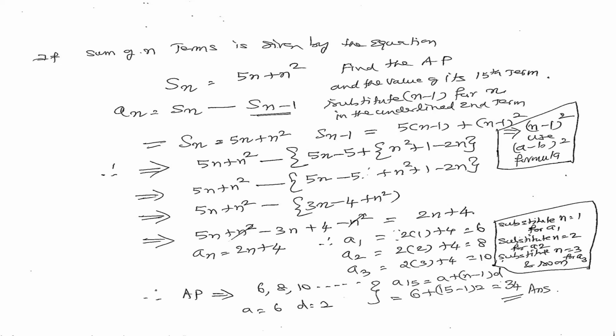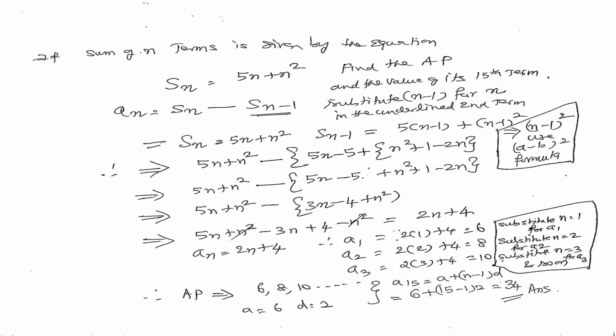So 5n becomes 5 into n minus 1 plus n squared becomes n minus 1 whole square. That takes you to 5n plus n squared minus 3n minus 4 plus n squared. Solving that, you get An as 2n plus 4. An is equal to the term value. An is equal to given by 2n plus 4.